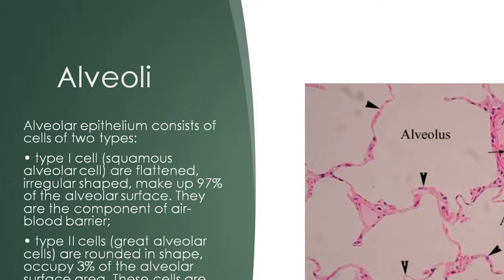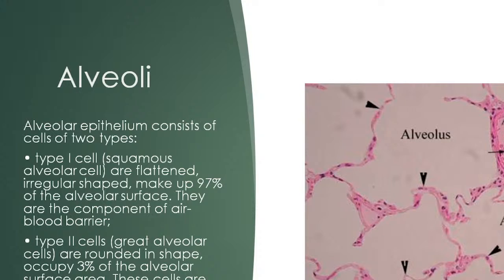Alveoli. Alveoli are sac-like invaginations of the respiratory bronchioles, alveolar ducts, and alveolar sacs, and they are densely packed together.